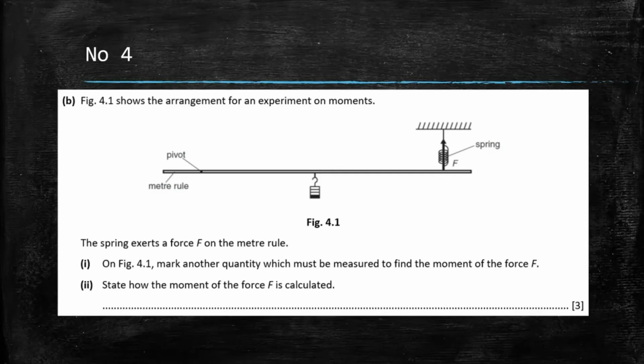Moment of a force equals to force times perpendicular distance from the force to the pivot. So, another quantity which must be measured to find the moment of the force F is the perpendicular distance from force F to the pivot.